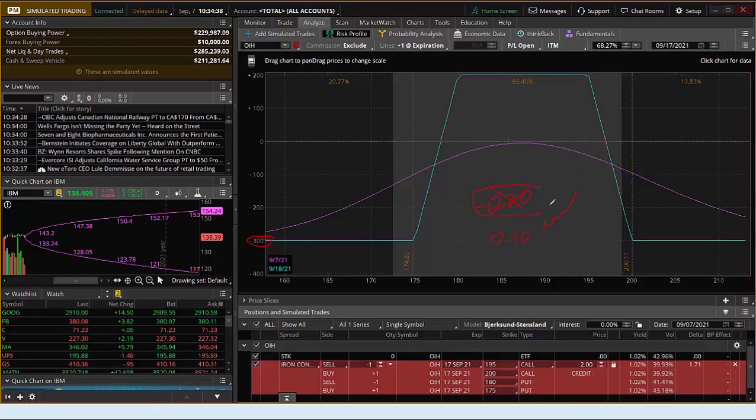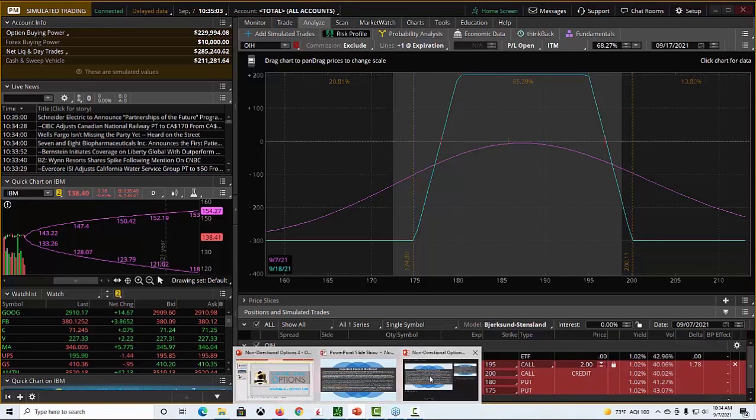Now I'm losing 20 here, but I'm making 10 here. I've reduced my delta risk. Sometimes you could even go delta neutral. If you have a negative 20 delta hurting you, you add 20 positive deltas and you've neutralized that. You're still getting the theta benefit. So definitely watch the delta hedging video for more information on that. No question, that is something you're going to want to do.